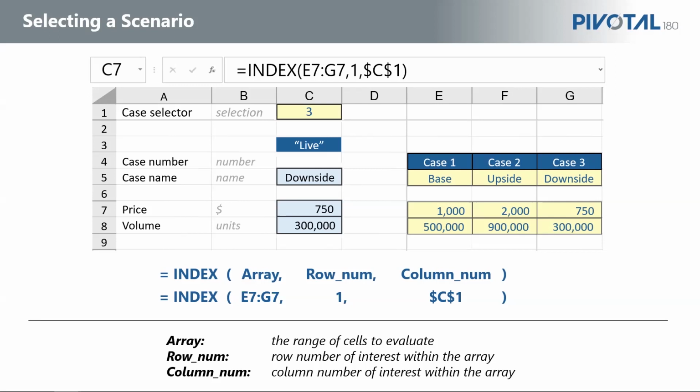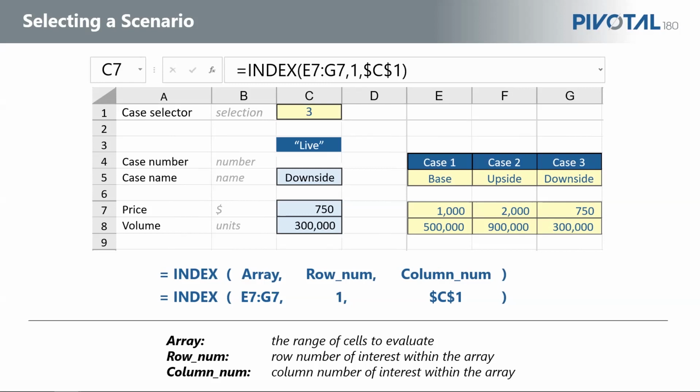If I want case 2, or the upside case, to be active, I want to be pulling the data from column 2 within the array, from column F. And if I want the downside case, I want to be pulling from column 3.